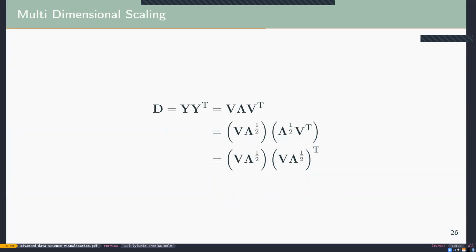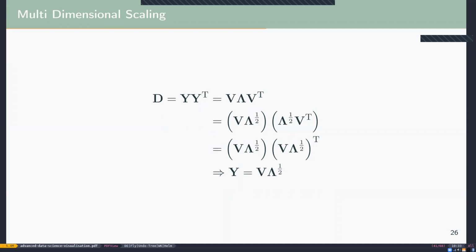I can split this up like this, and that means Y, the representation that I have, which now has D dimensions, is equal to the eigenvector times the square root of the eigenvalues. This was a very, very long-winded way of reaching a very, very simple result, right? But I hope that makes sense still.